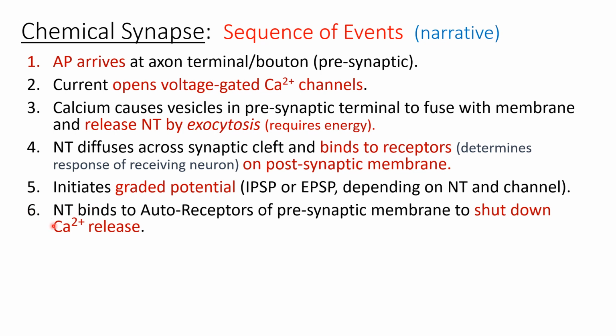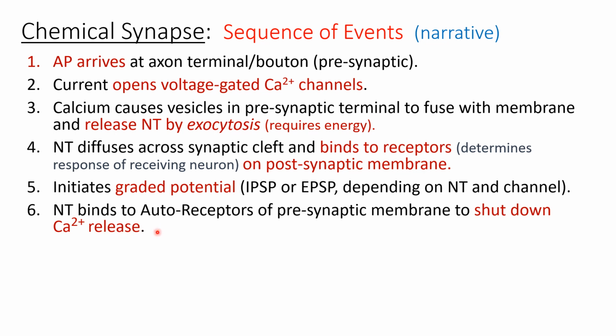Step 6 is where we begin shutting the synapse down. We don't want that neurotransmitter sitting out there all day. Generally the half-life of neurotransmitter is measured in fractions of a millisecond. And you guys know what half-life is, right? If not, ask me.